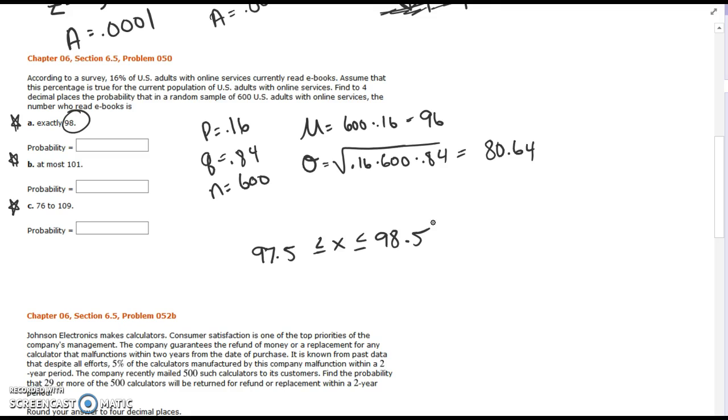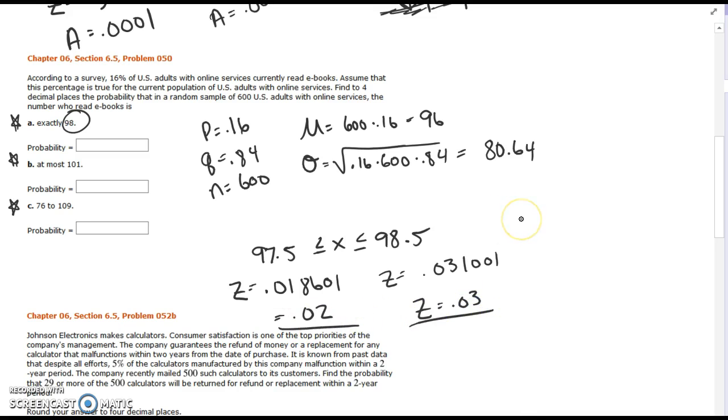in the normal distribution. So z is x minus 96 divided by the standard deviation. Here we get z as 0.018601, which would be looking at 0.02 for z. And then for 98.5, our z is 0.031001, so z would be 0.03. This is very close to our mean, right?